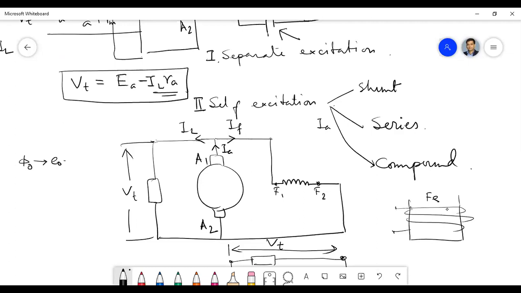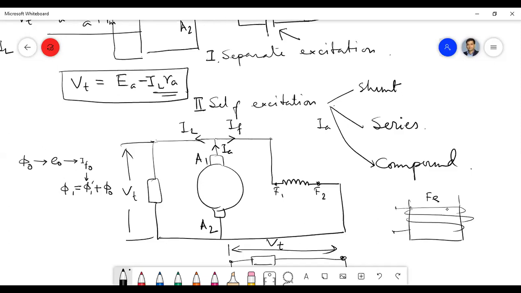Now this E0 will flow some current through the field coil, and that is IF0. Now this IF0 will produce some flux phi 1. Now this flux, if that is added with the phi 0, will produce another flux which is more than phi 0. So this is how cumulatively the flux will be added and the voltage will be added. And that process is called the voltage build-up in a DC shunt generator.